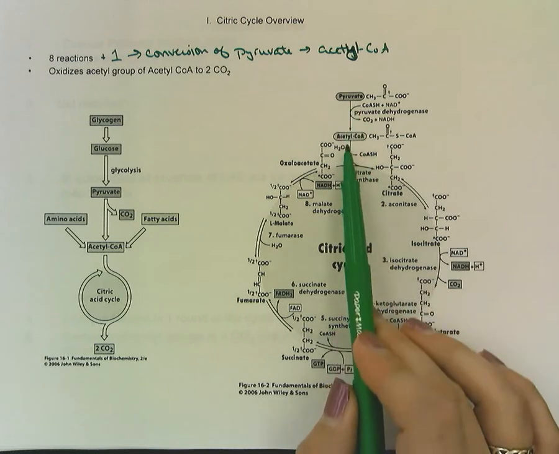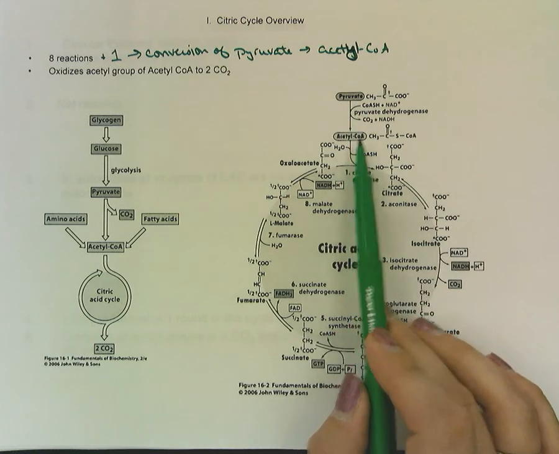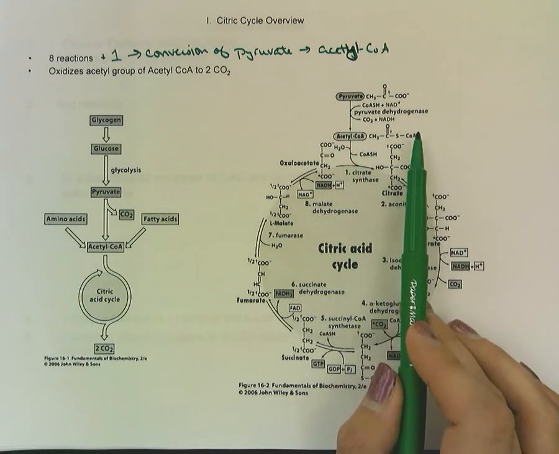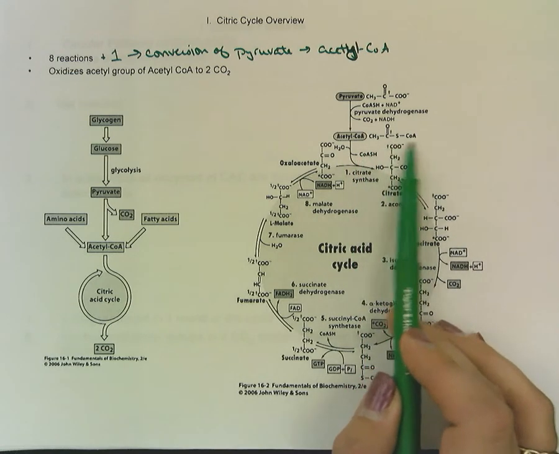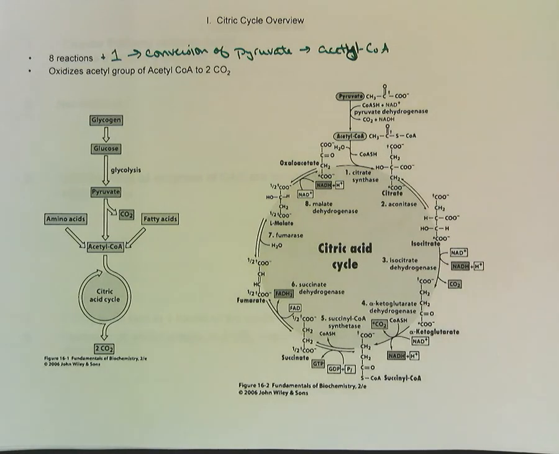We're going pyruvate to acetyl-CoA. So we're going to use the same enzyme, because we're going to do the same decarboxylation, but we're going to add this CoA portion to it, which is a high energy bond, which we'll use later to cleave off and give the cycle a little more oomph to swing through.